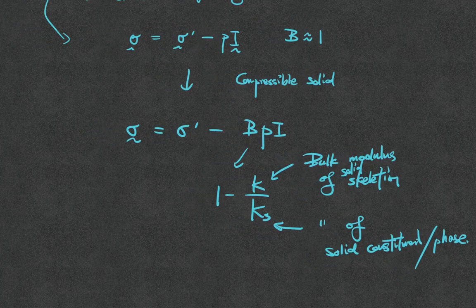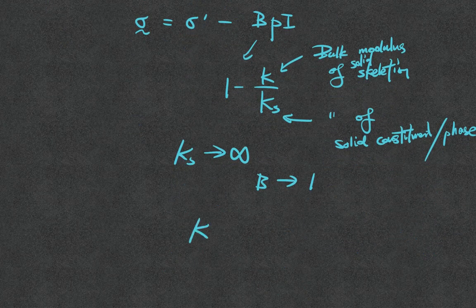Okay, as you can see, if Ks goes to infinity, then B approaches 1. So in soil mechanics, we simply assume that K, the bulk modulus of the solid skeleton, is much lower than the bulk modulus of the solid constituent, and so we basically assume B equals 1.